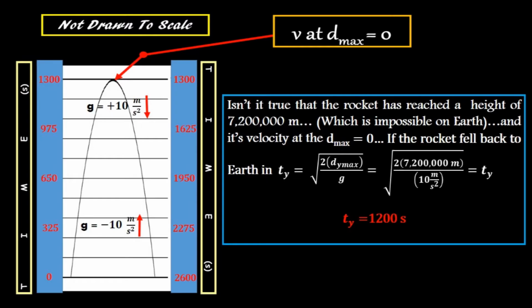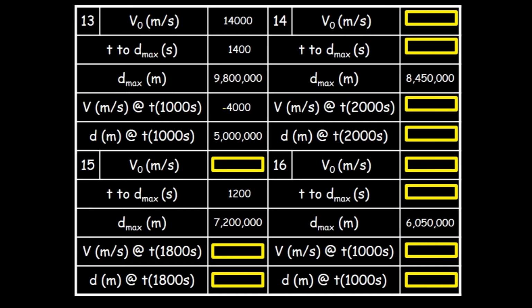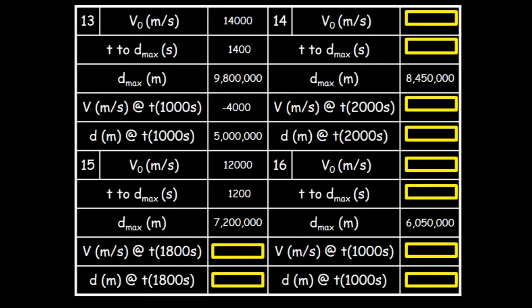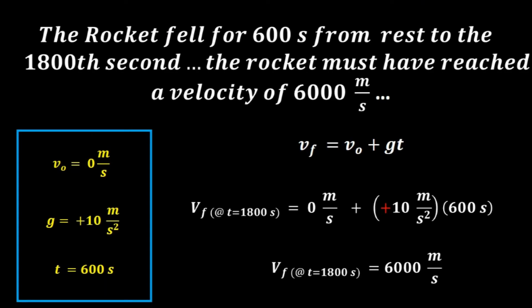The first one is the time in the vertical direction, 1200 seconds. Next, we're going to do V0, and that's obviously going to be 12,000. And then plugging in for D, you're going to have 12,000 times 1,200 plus a negative 1/2, 10, and then 1,200 squared.